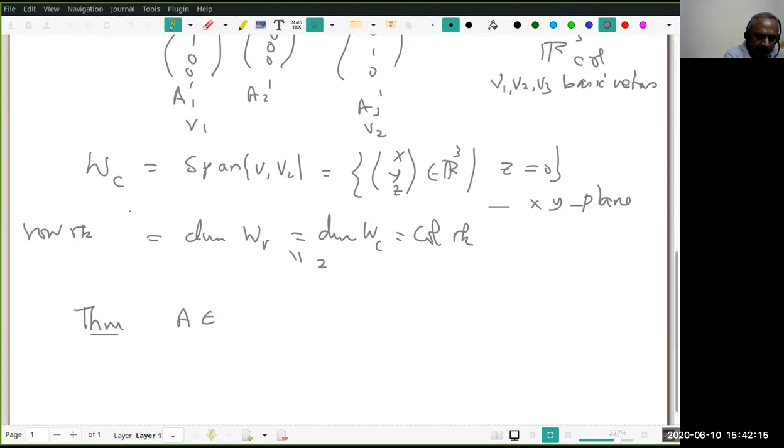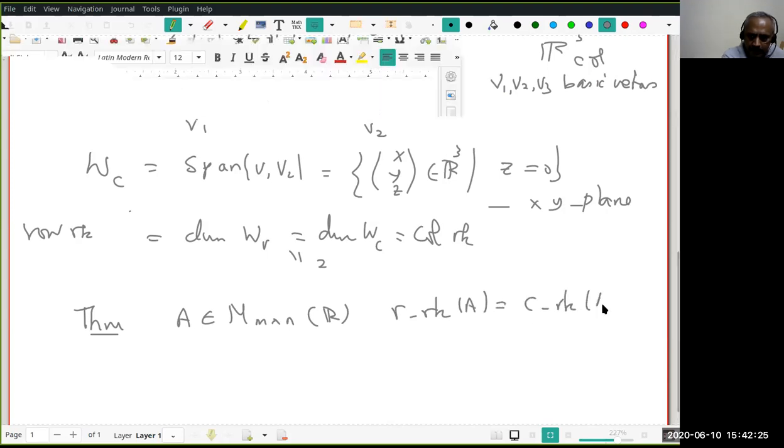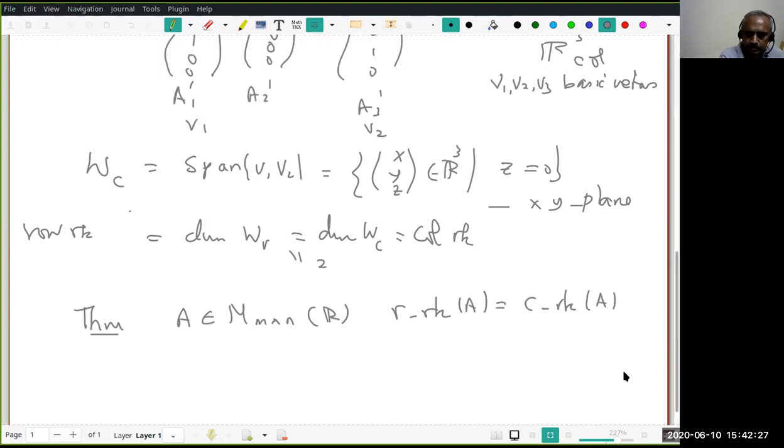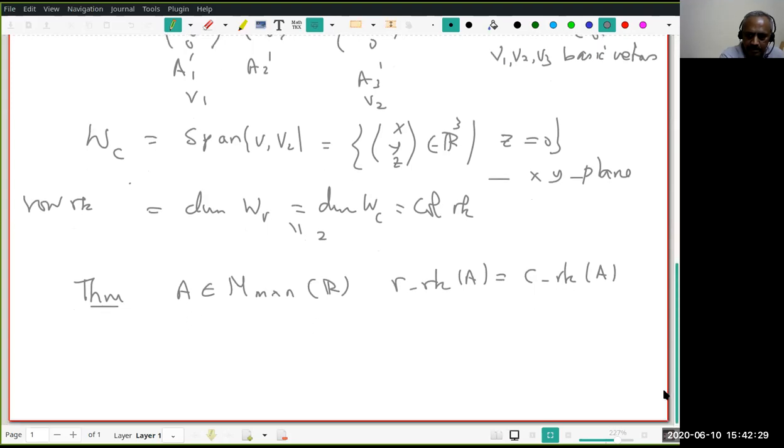Let A be a matrix, then row rank of A equals column rank of A. This is what you want to prove. Okay, right. Now let's start the proof. So let R be equal to the row rank.